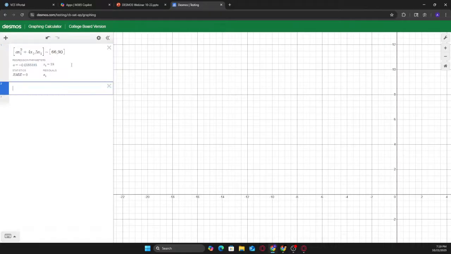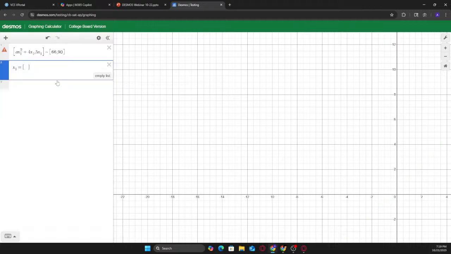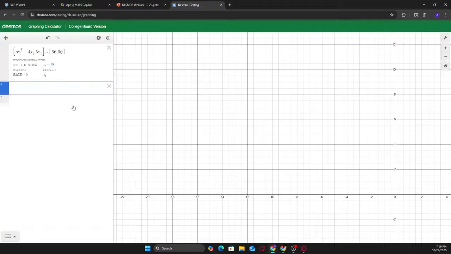The only catch is that in x1 you can't do a list inside a list, so you can't really do random. Unfortunately, you can't do that. But you can do the same thing here, so you can just type it out randomly. So 4x1, that's 66.